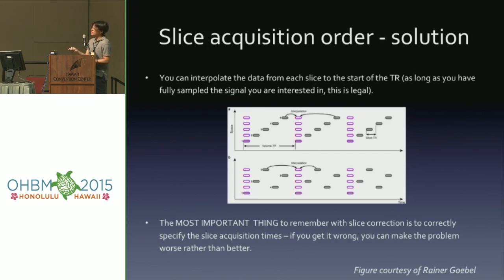They are taken at very different times, right? So linear interpolation uses your neighboring data to resample at the correct time. For example, to interpolate this point, which is at the correct time, you use the neighboring slices and interpolate using linear interpolation.